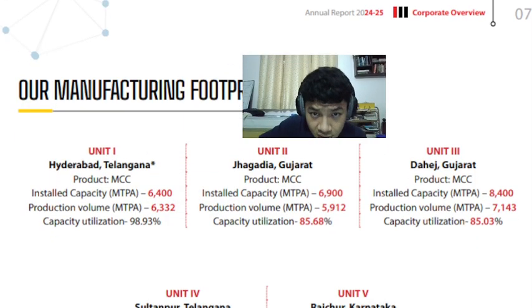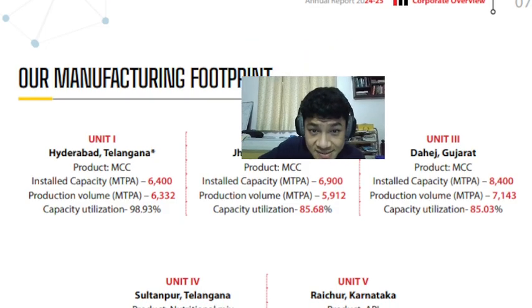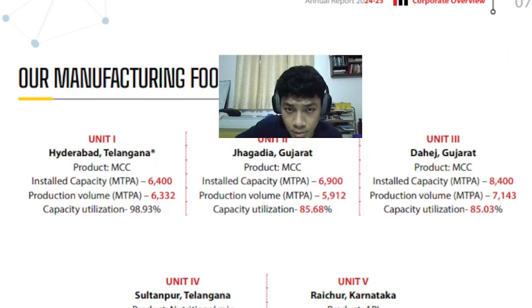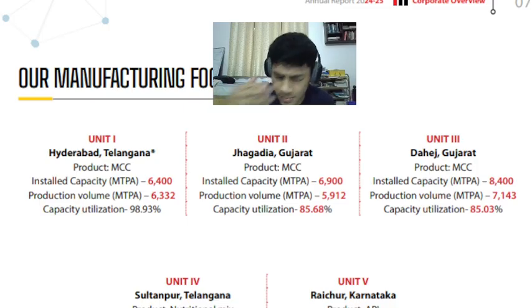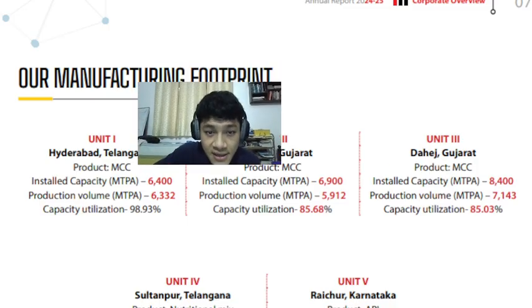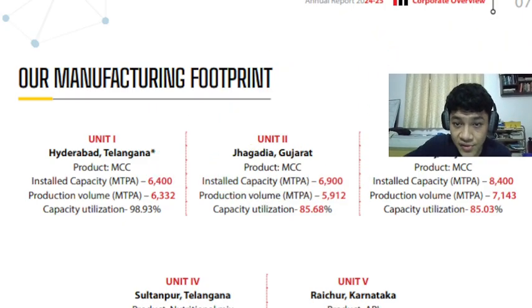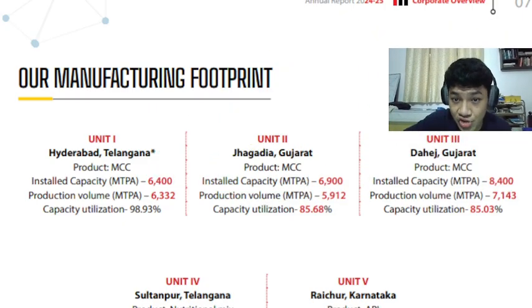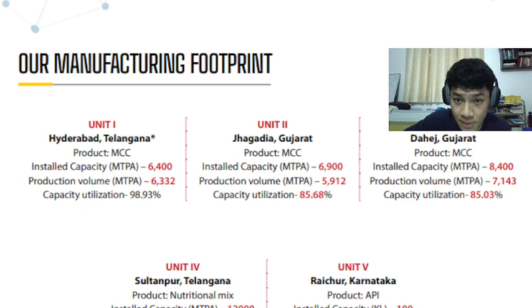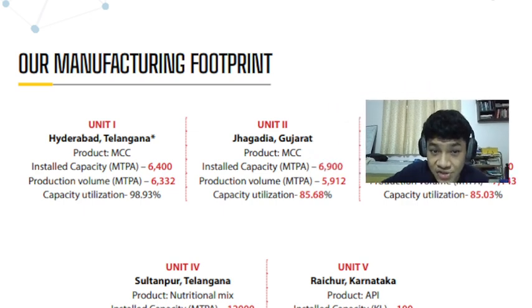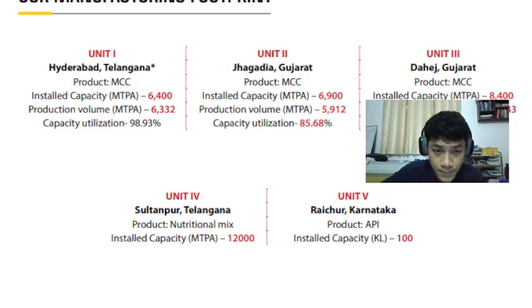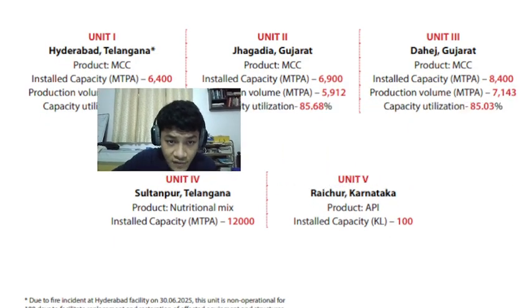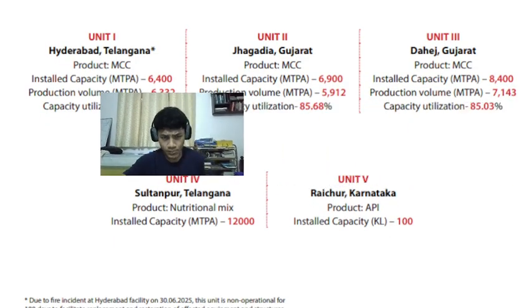Then in this plant, installed capacity 6,900 metric tons per annum, capacity utilization 85%. Then this plant, which is even larger, 8,400 installed capacity, utilization is 85%. So 85 to 98% is the capacity utilization. Then we have nutritional mix, interesting.